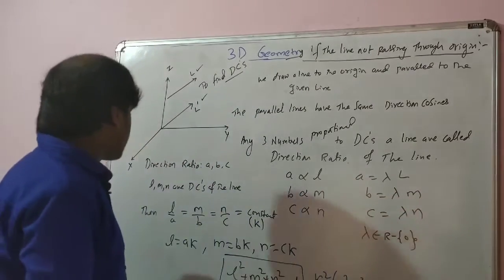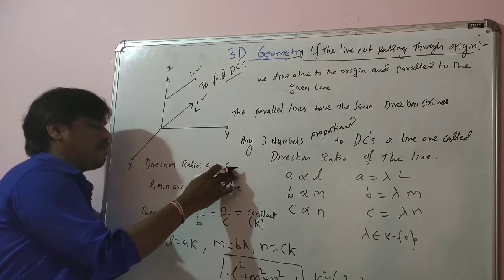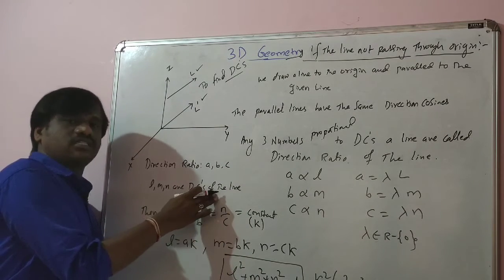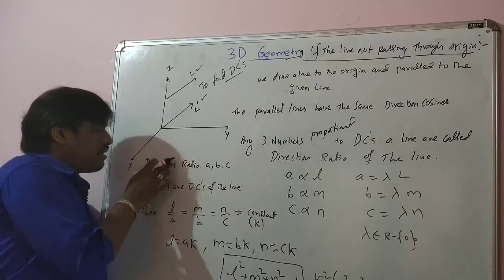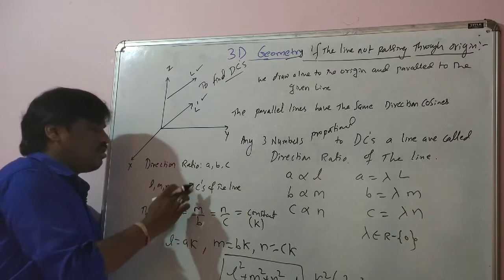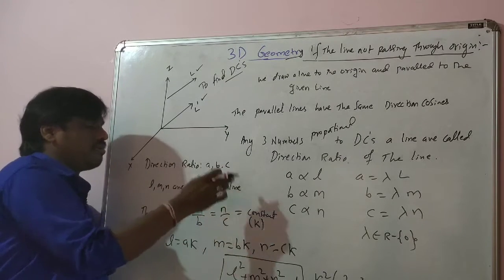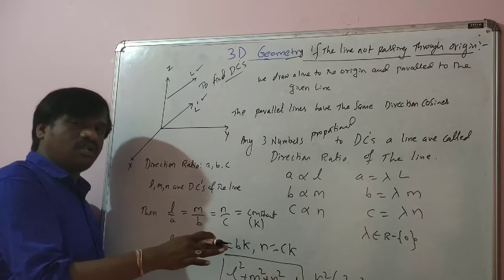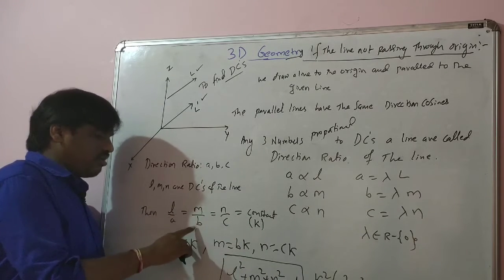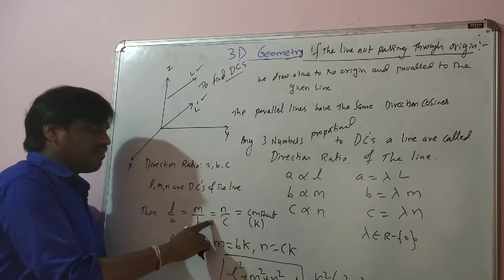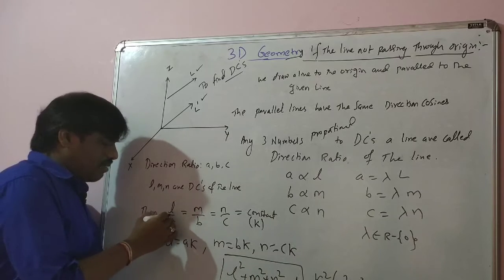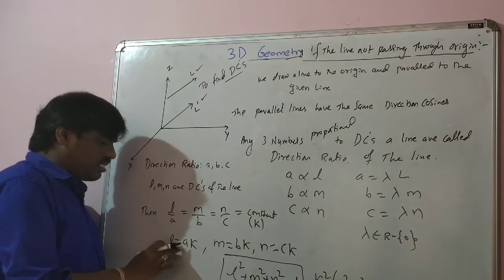Now, if the direction ratios are A, B, C, then L, M, N are the direction cosines of the line. These are proportional to each other, so L by A is equal to M by B is equal to N by C, which is always a constant K. L by A is equal to K, so L is equal to AK.